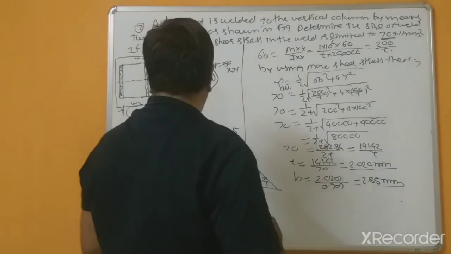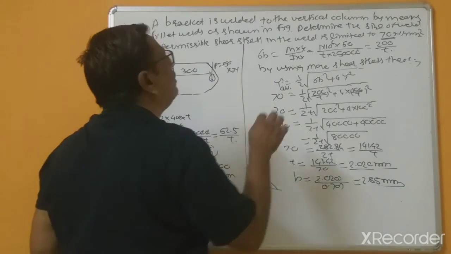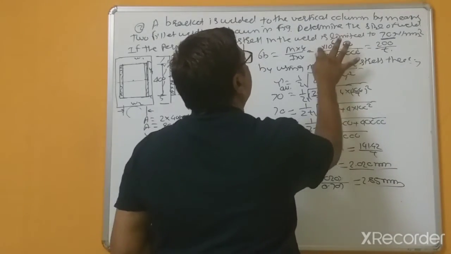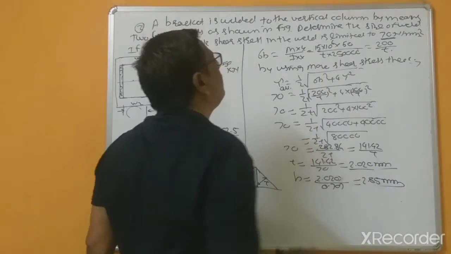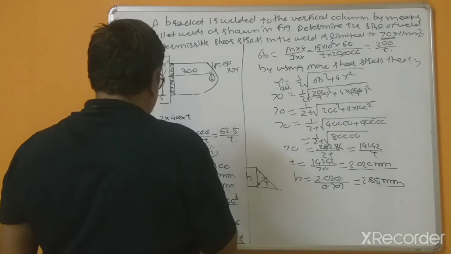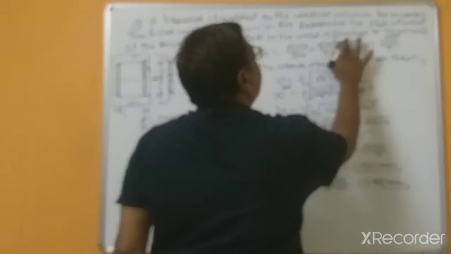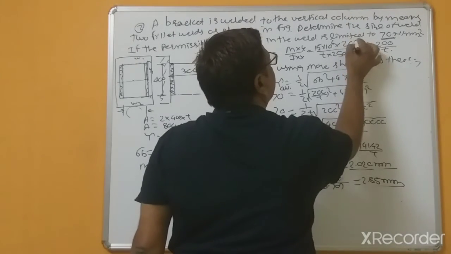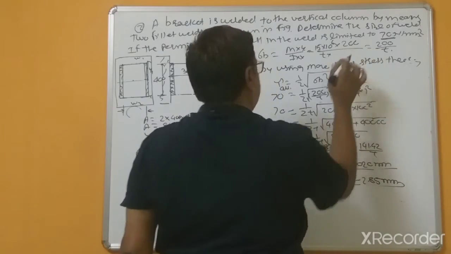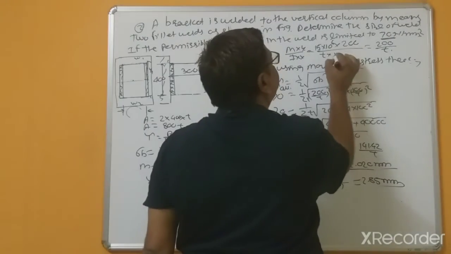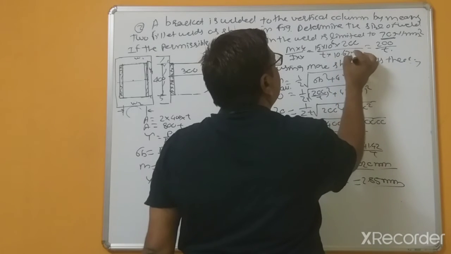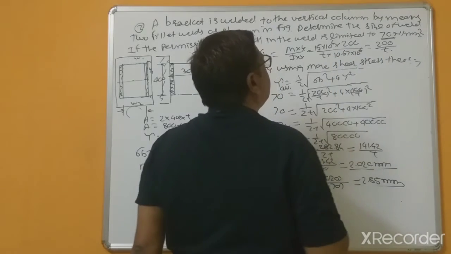Now I have to change sigma b equal to, instead of 1, now this is 15 into 10 to the power 6, y equal to 200, and this term equal to 10.67 into 10 to the power 6.